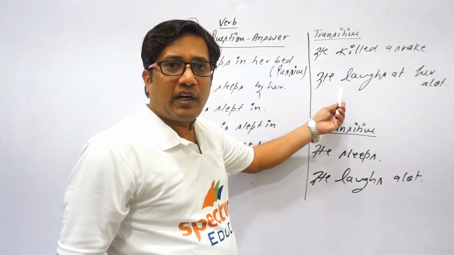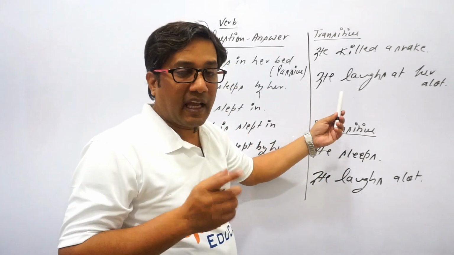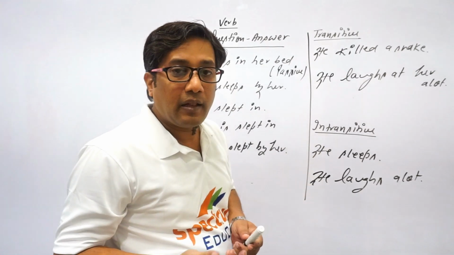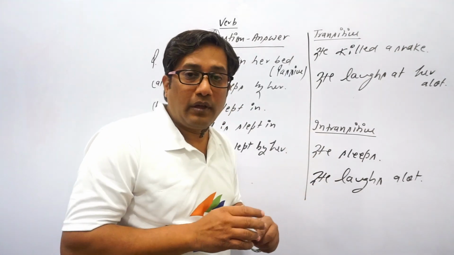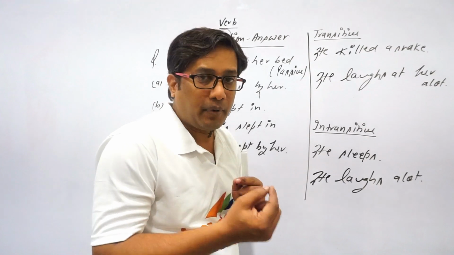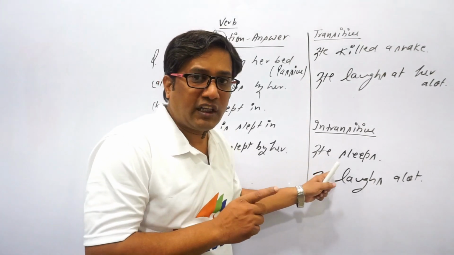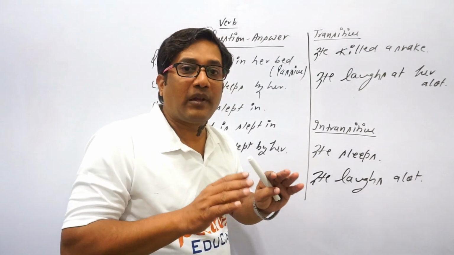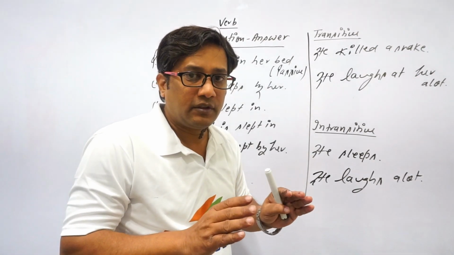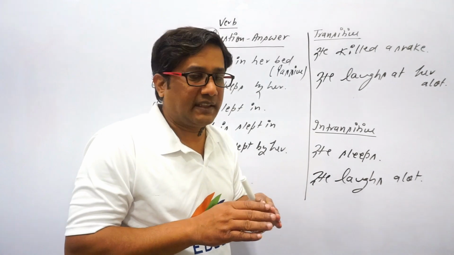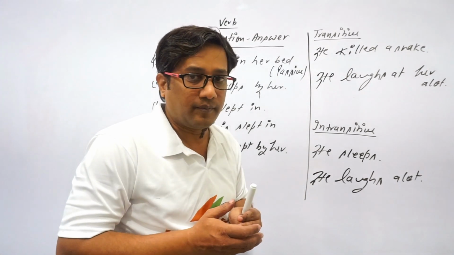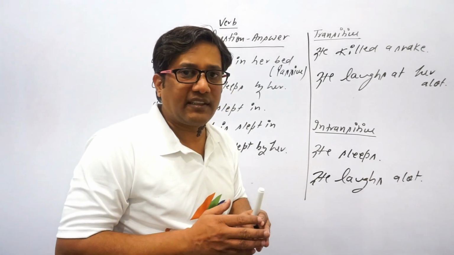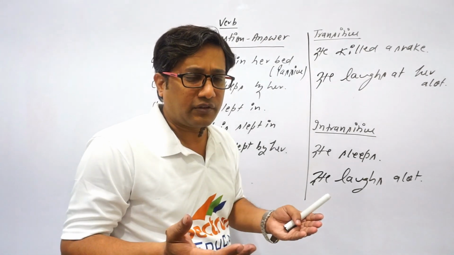Now the same sentence which I wrote here has been converted into transitive. So now this particular sentence can be converted into passive as well. However, this rule, that by using a preposition an intransitive verb can be converted into transitive, is not applied on all verbs. For example, go can never be made transitive. For example, come can never be converted into transitive.